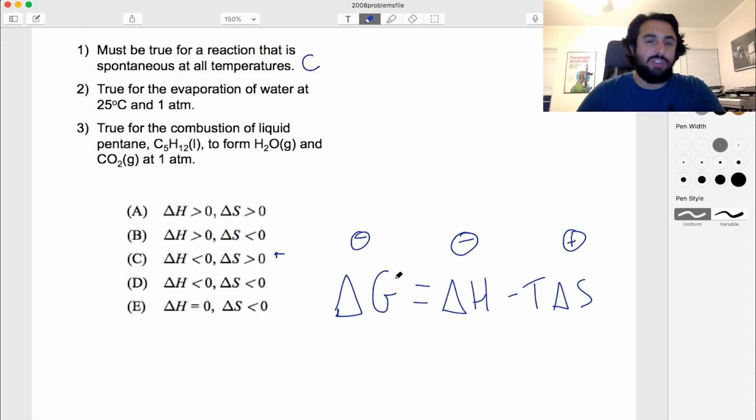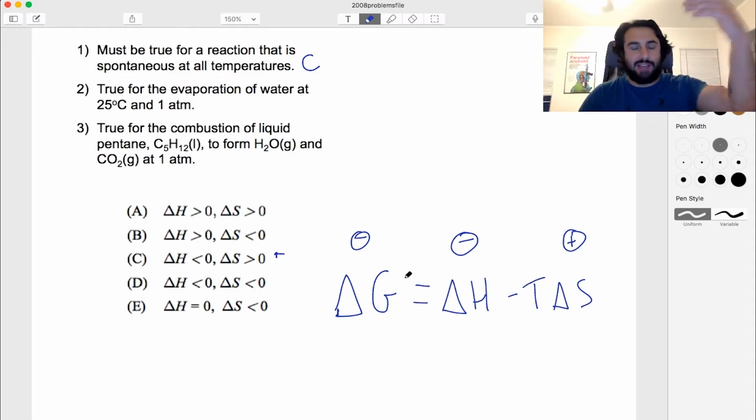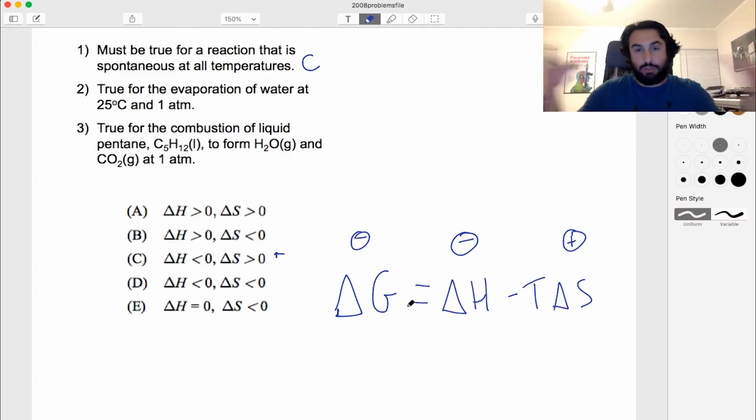We know that phase changes going from solid to liquid to gas are entropically favorable. They have a positive delta S because it's a dispersal of matter. We're going from the liquid phase to the gas phase where they are spread out. So evaporation is entropically favorable. So we have a positive delta H and a positive delta S. So that has got to be A right there.